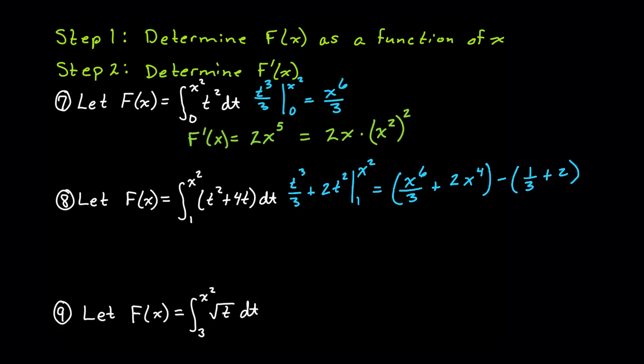All right, so let's take our derivative now. The derivative of x to the 6th over 3, we established, is 2x to the 5th power. And the derivative of 2x to the 4th is 8x cubed.